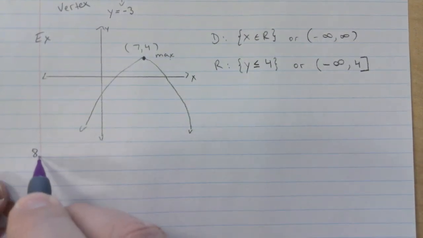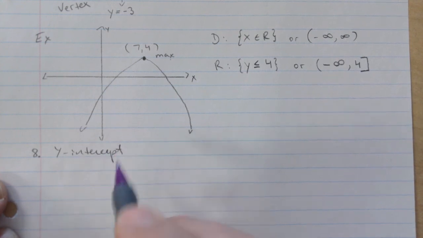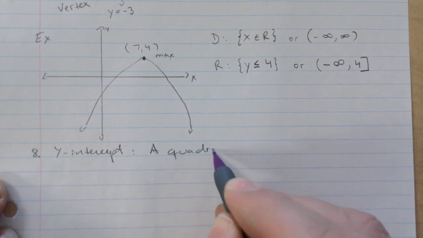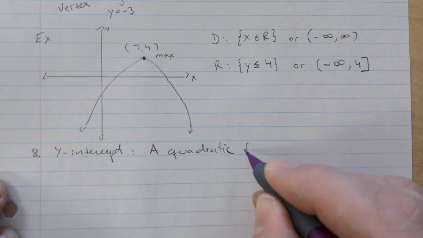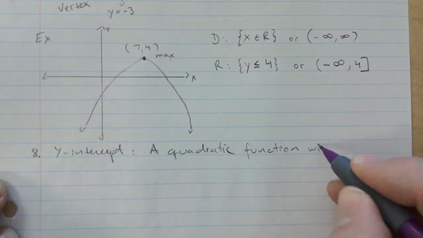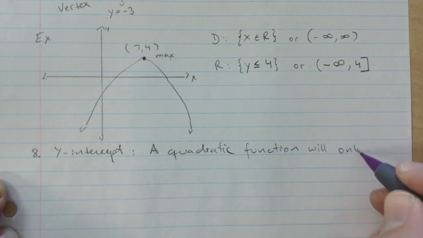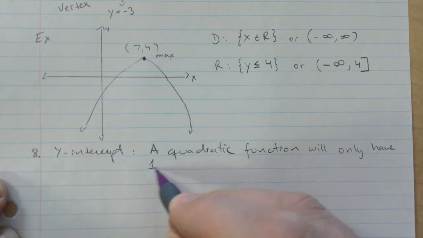Last characteristic is the y-intercept. A quadratic equation or function will only have one y-intercept.